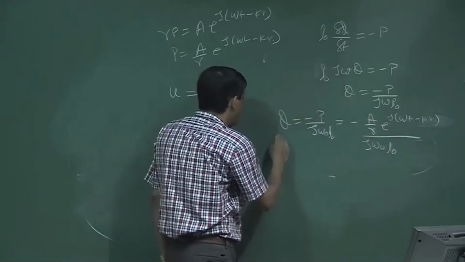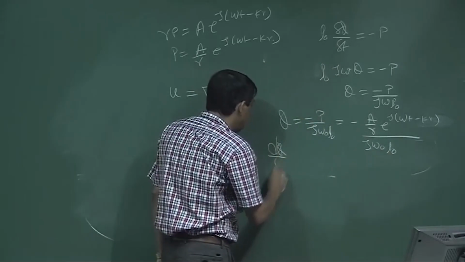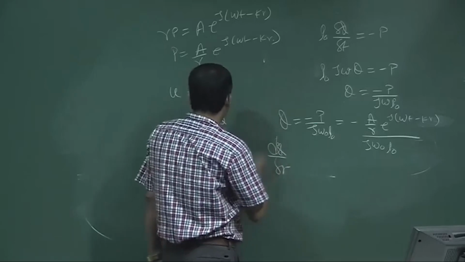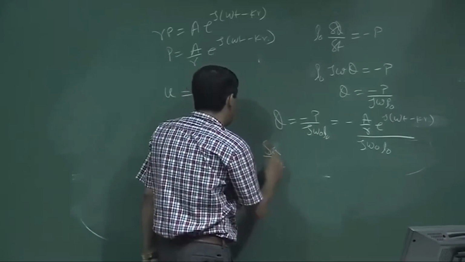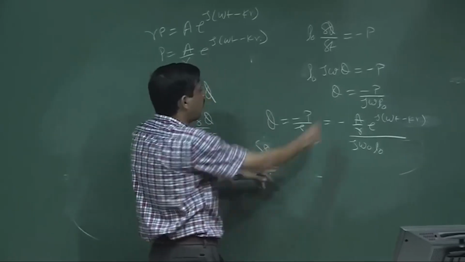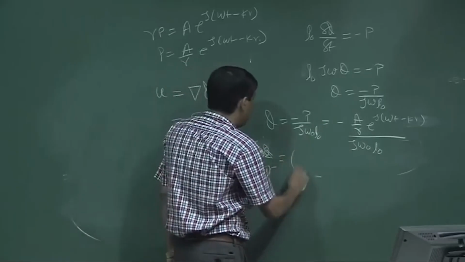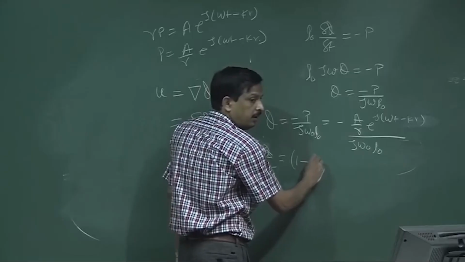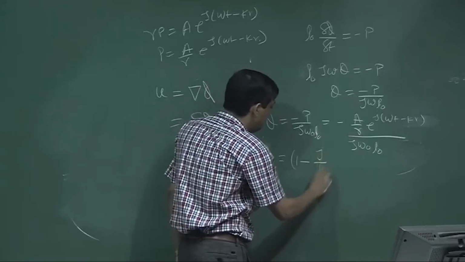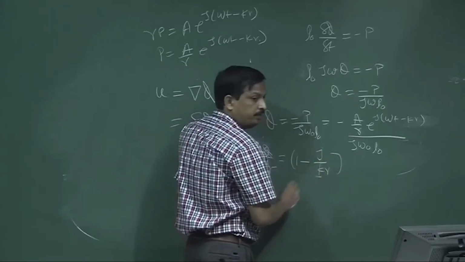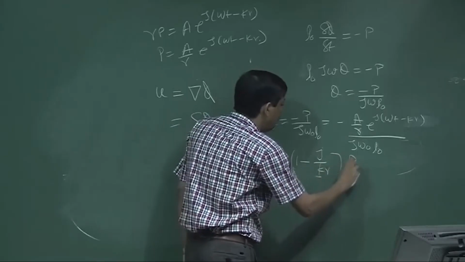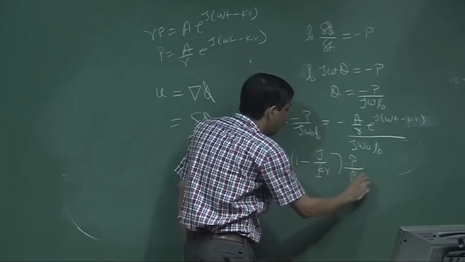Now, I take del phi by del r, a first order differential. If you do the differentiation, you will get 1 minus j by k r into p by rho 0 c.